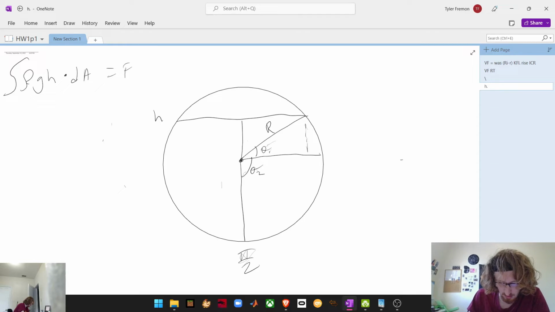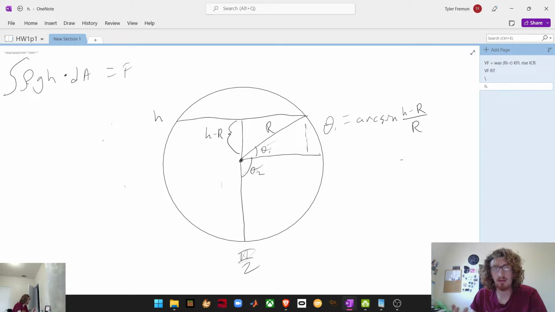And this segment here is equal to our fluid level minus our radius. So we know that theta 1 is going to be equal to the arc sine of (h minus r) over r.